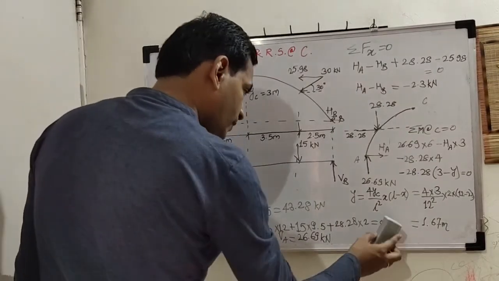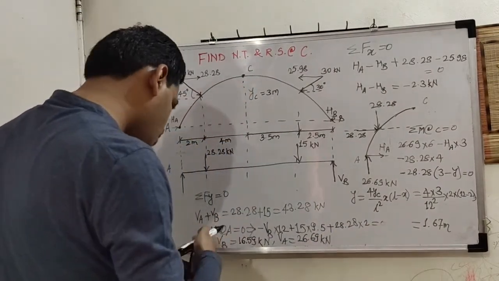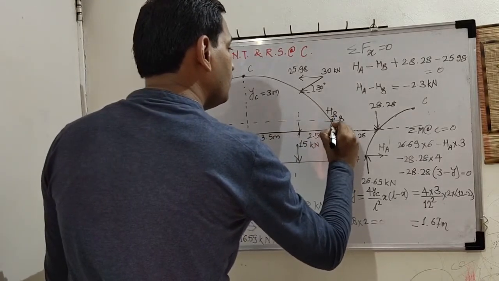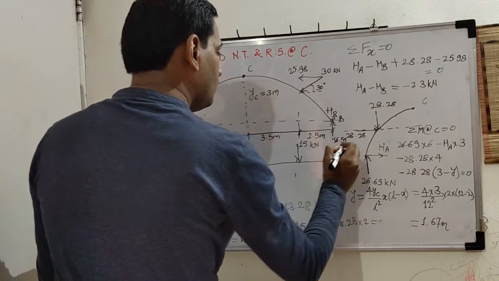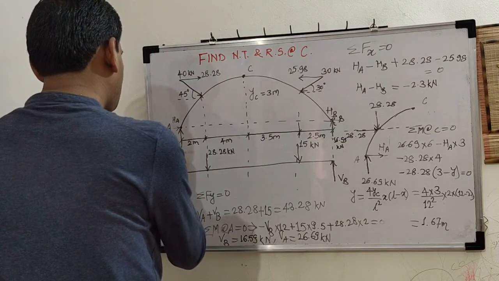Now I will rub this. We need to remember these values, so I'll note down here: VB 16.59, and VA 26.69 kilonewton.